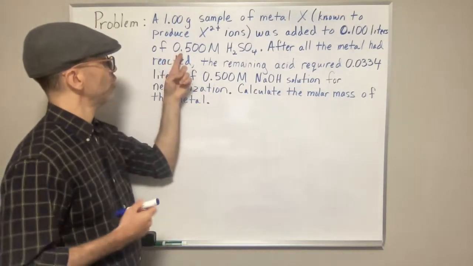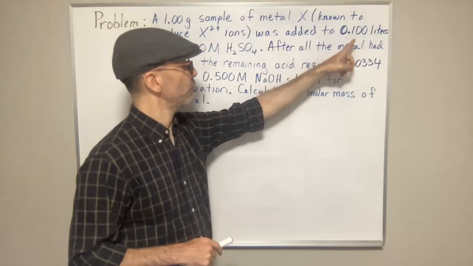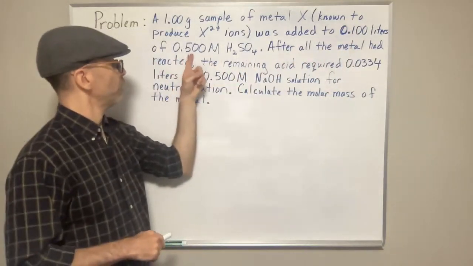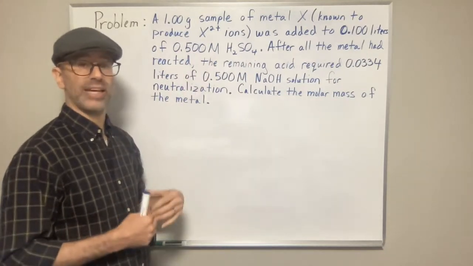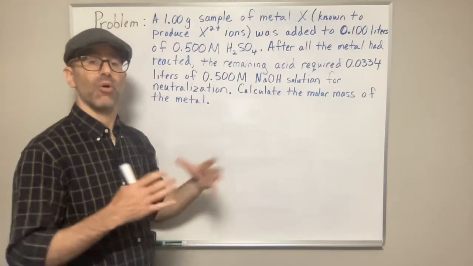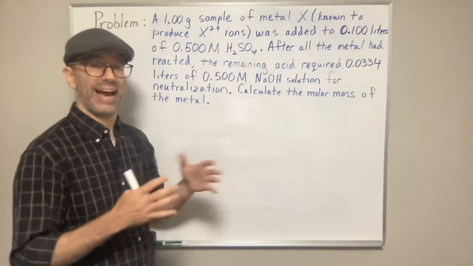We could calculate the number of moles using the liters they gave us and the molarity of the sulfuric acid. That would give us the total moles in the original amount of acid we added. But again, not all of that acid reacted.